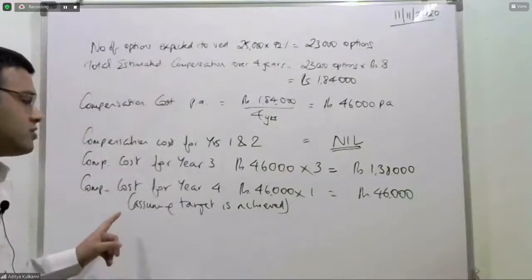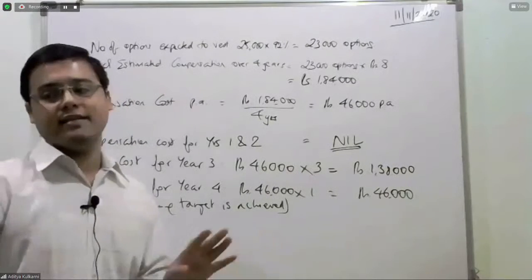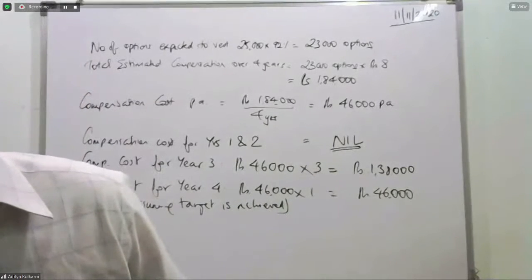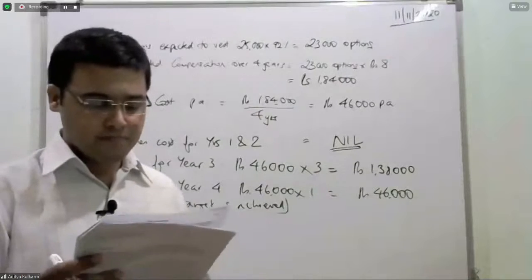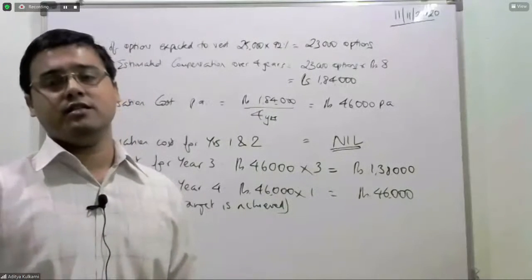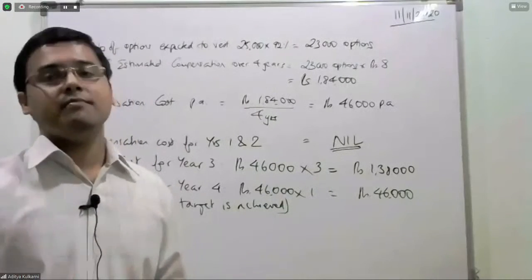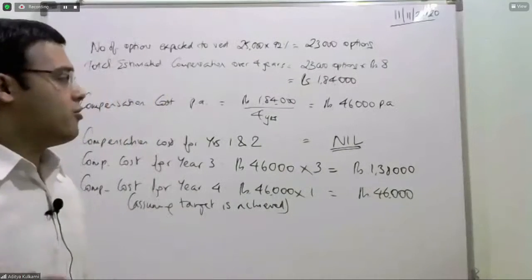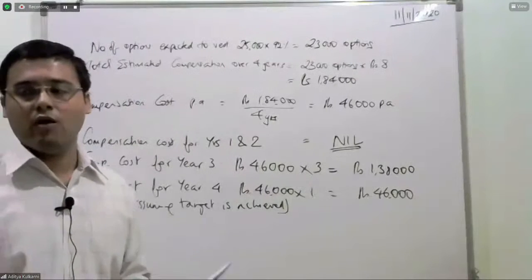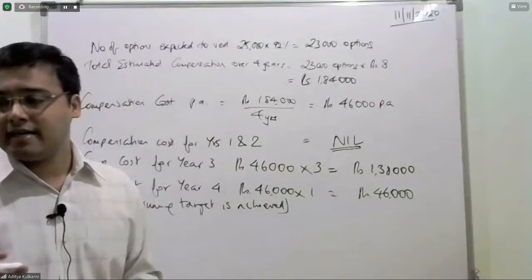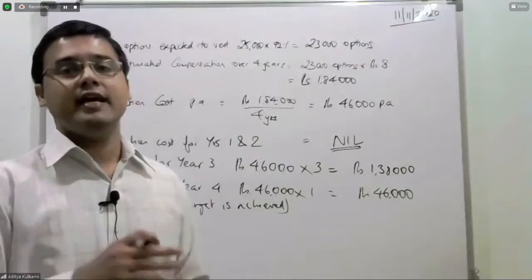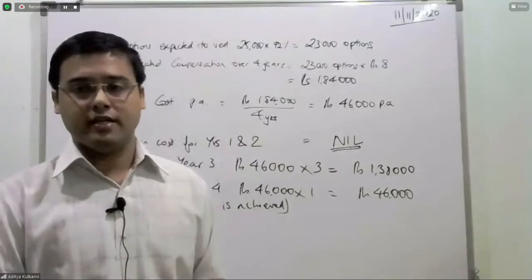Of course, the fourth year expense is assuming that the target is achieved. So this is how you will be doing your recording for performance condition, which is not a market condition. Okay, I hope you have understood how we do it. Treat it as a change in estimate and do the accounting accordingly.